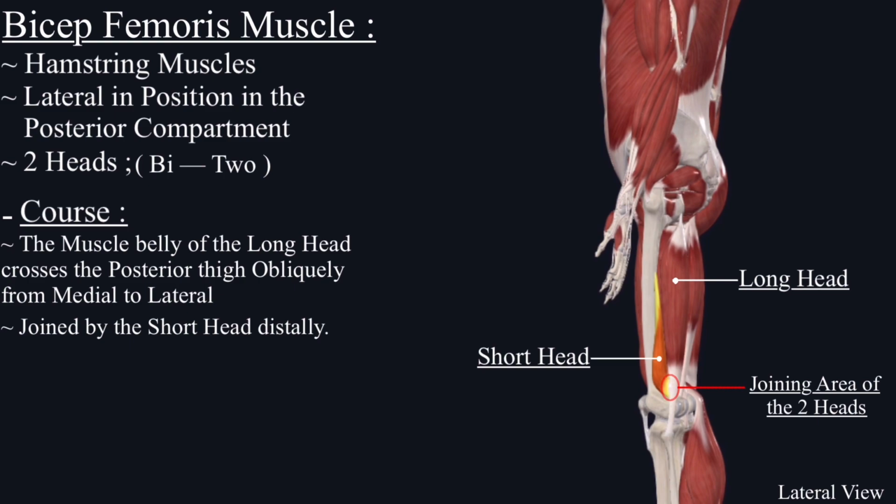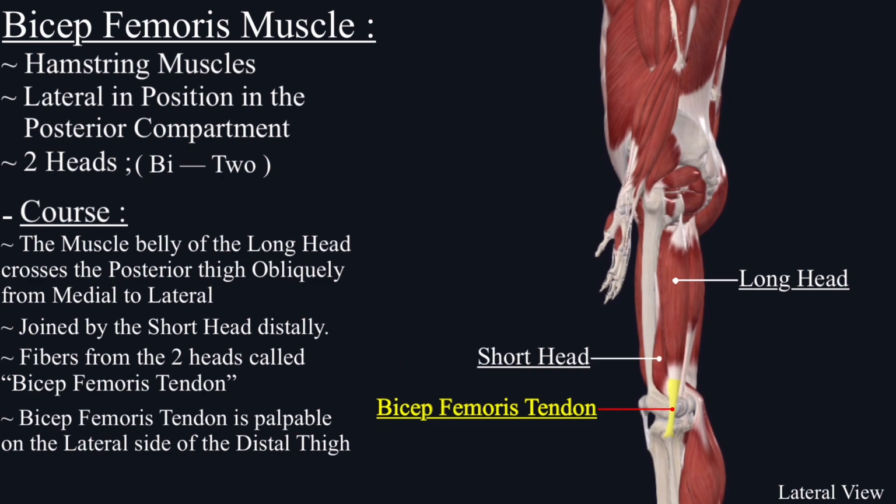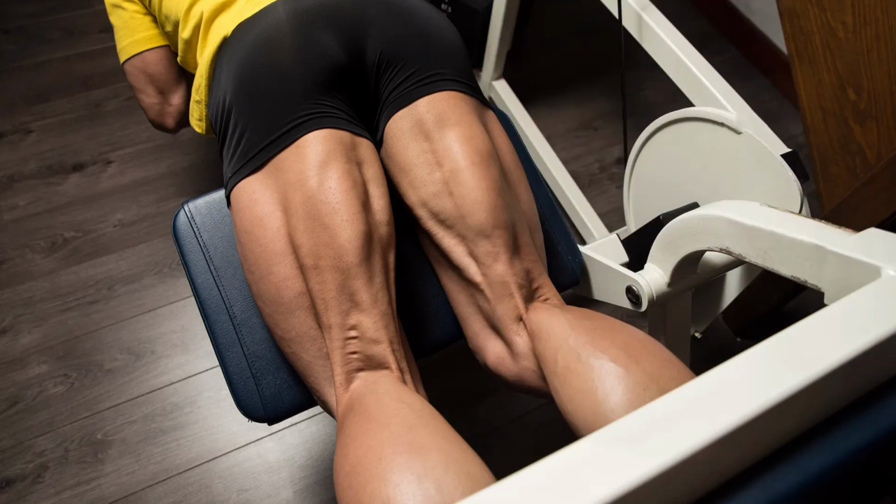Together, fibers from the two heads form a tendon called biceps femoris tendon, which is palpable on the lateral side of the distal thigh. As you can appreciate in this image, this is the tendon of biceps femoris muscle.